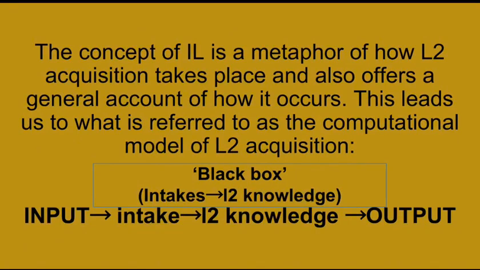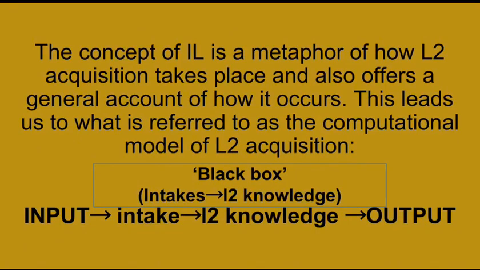Now, the process responsible for this creation occurs within what we call the black box of the learner's mind. That is where the learner's interlanguage is constructed. So the intake plus the L2 knowledge occurs within the black box of the learner's mind, where the learner's interlanguage is constructed.